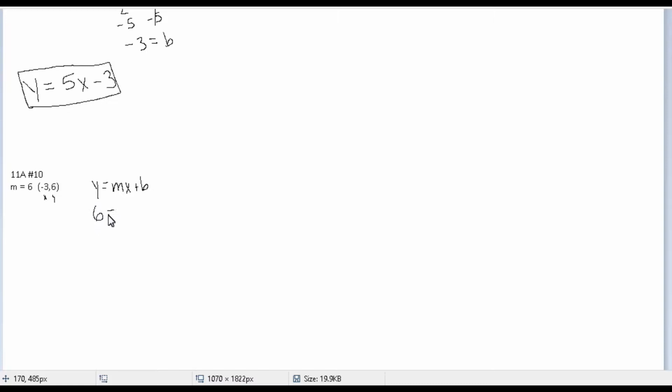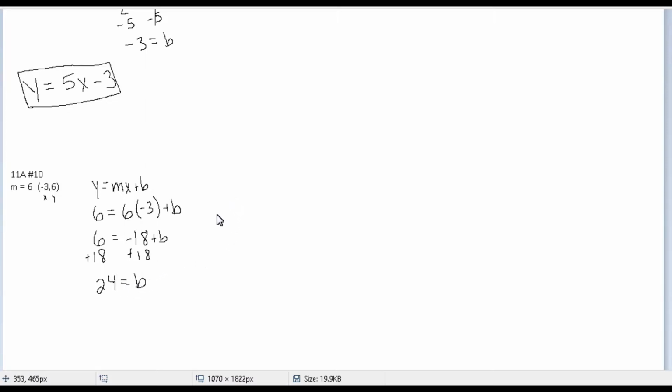So we're going to say 6. M is also 6, and our x is -3 plus b. So we have 6 equals -18 plus b. If we add 18 to both sides, we have 24 equals b.